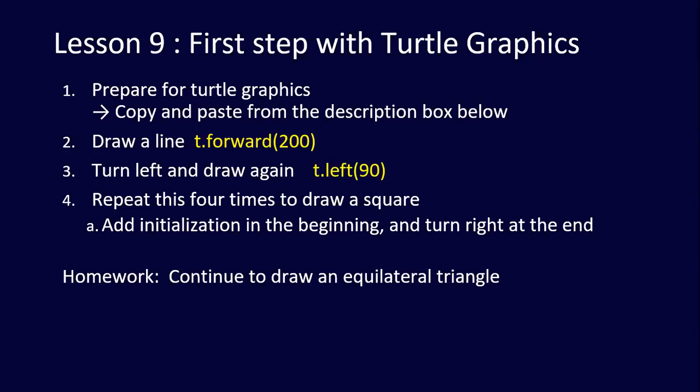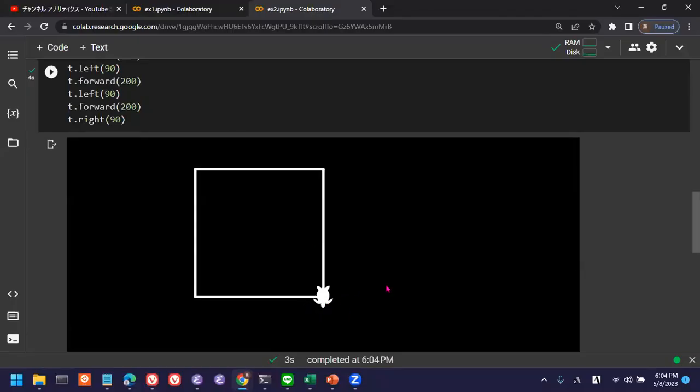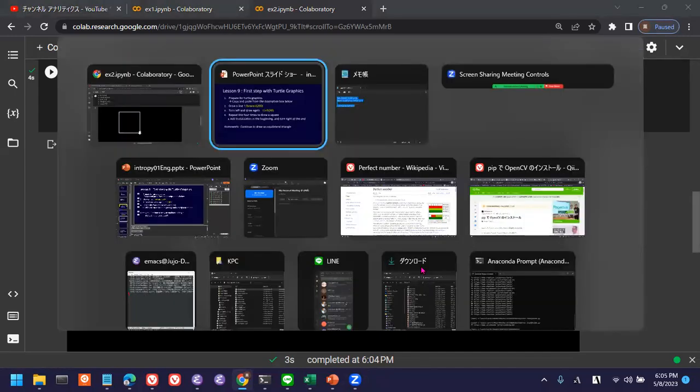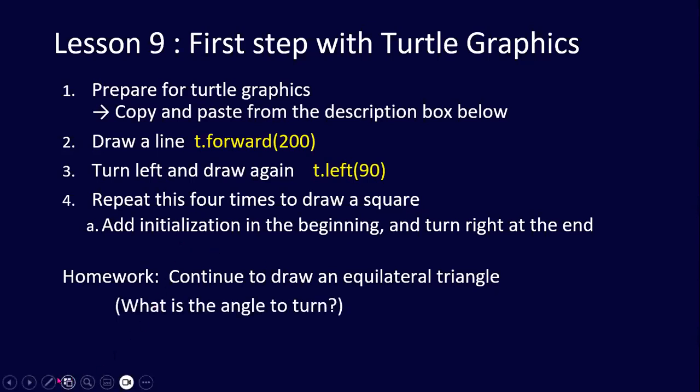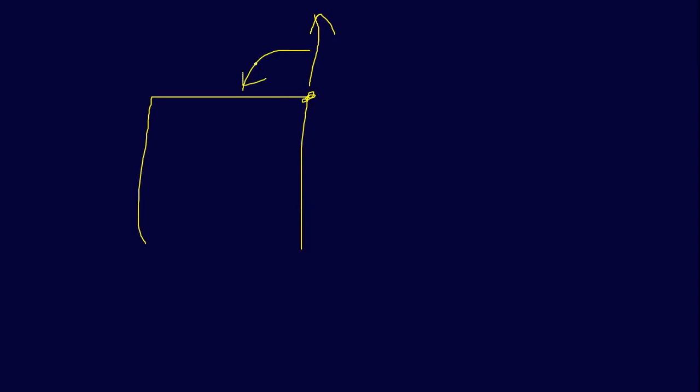Continue to draw an equilateral triangle after this. So after this, maybe you want to draw a regular triangle. How can you draw a triangle? A hint: let's write in the next page. Because it was a square, the turtle is going forward here, upward, and then turns by 90 degrees.